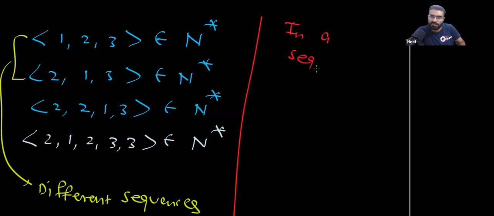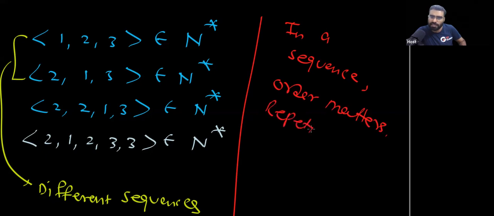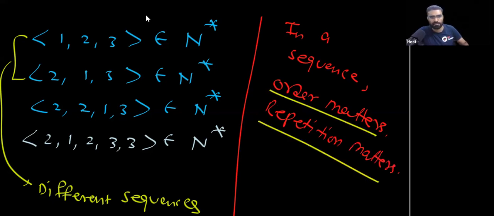In a sequence, order matters, repetition is allowed, repetition matters. Is this clear? Let me know. So these are different sequences.